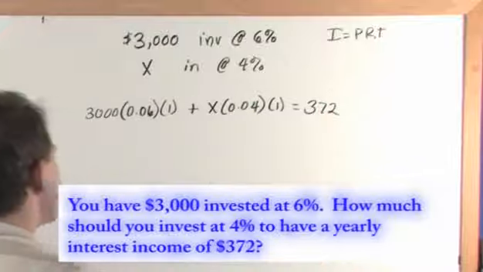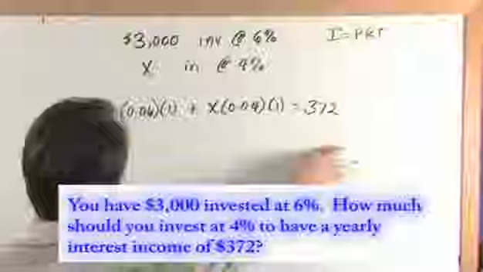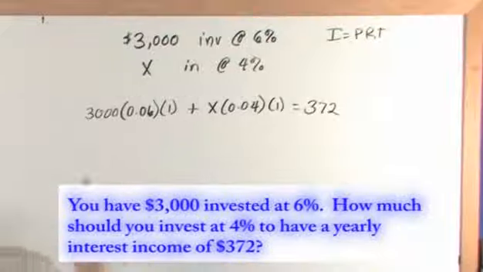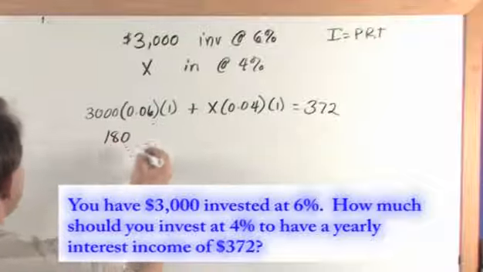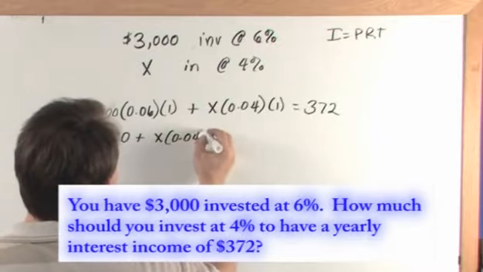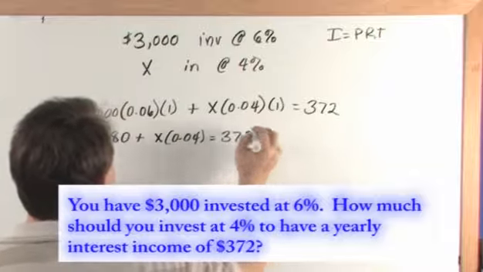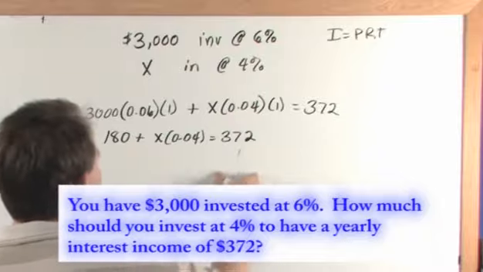So you see, this problem doesn't even have two equations and two unknowns. I can solve for X right here, and that's exactly what I'm going to do. 3,000 times 0.06 is, in your calculator, 180, plus X times 0.04 is equal to 372. Now I'm going to move the 180 over here.